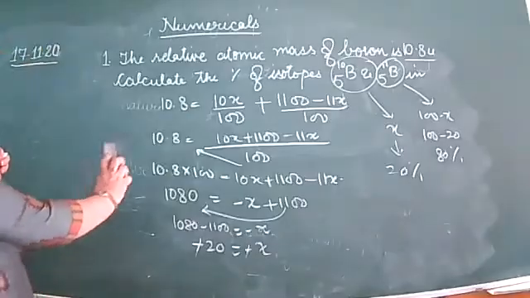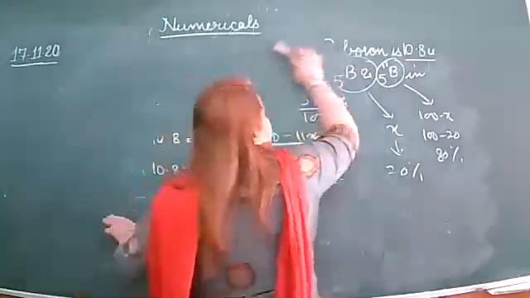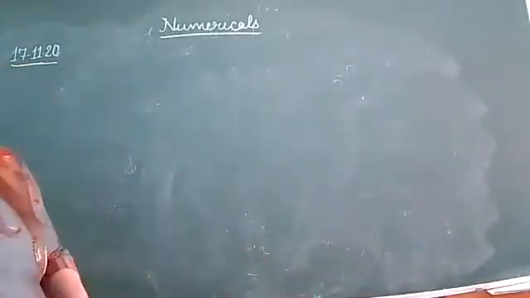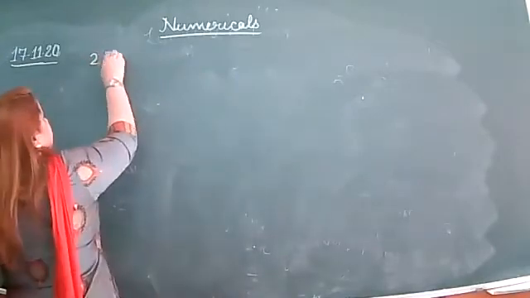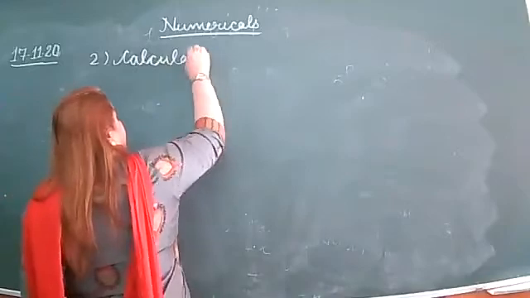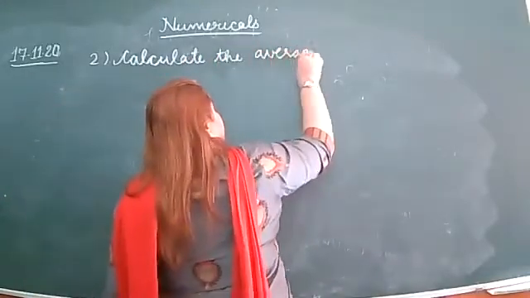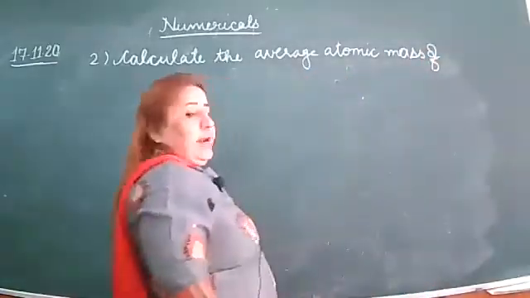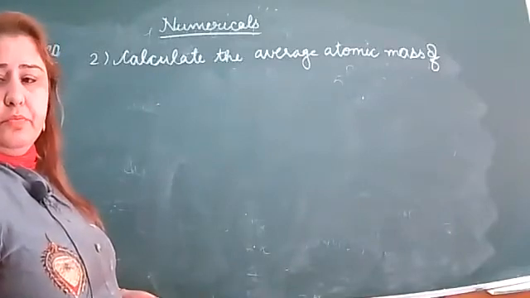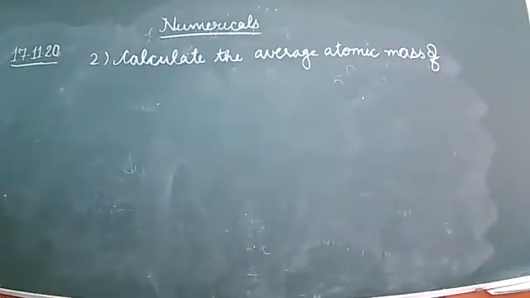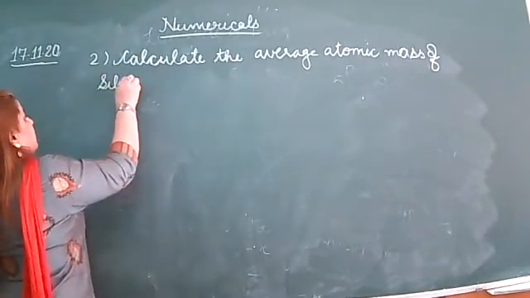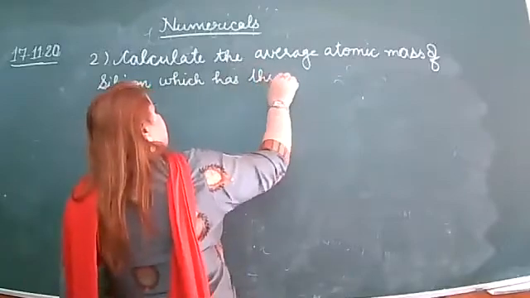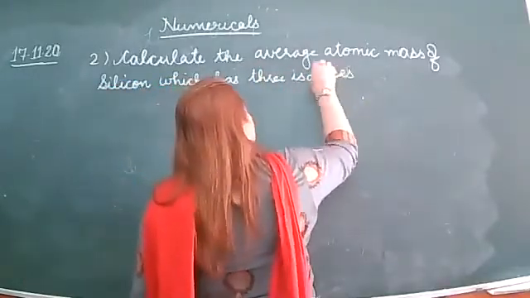Write down the second numerical. Calculate the average atomic mass of silicon which has 3 isotopes, right?